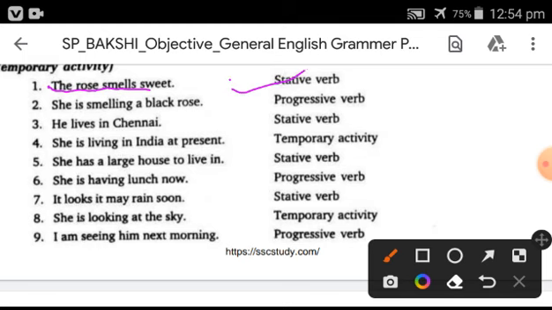And when we have to say something in a progressive manner, then you have to use the ing form, that is, she is smelling a black rose, meaning right now. She lives in Chennai, stative verb. And she is living in India at present, temporary action. And you can also check it out yourself.